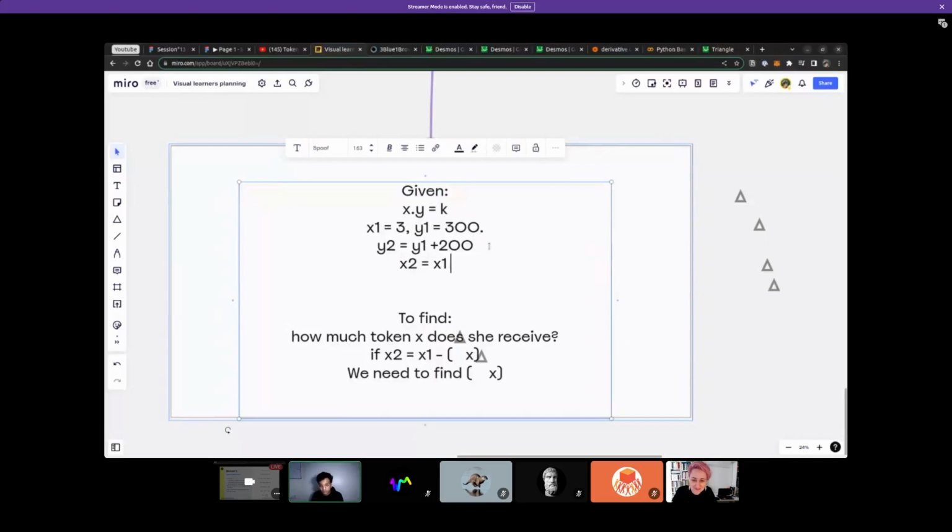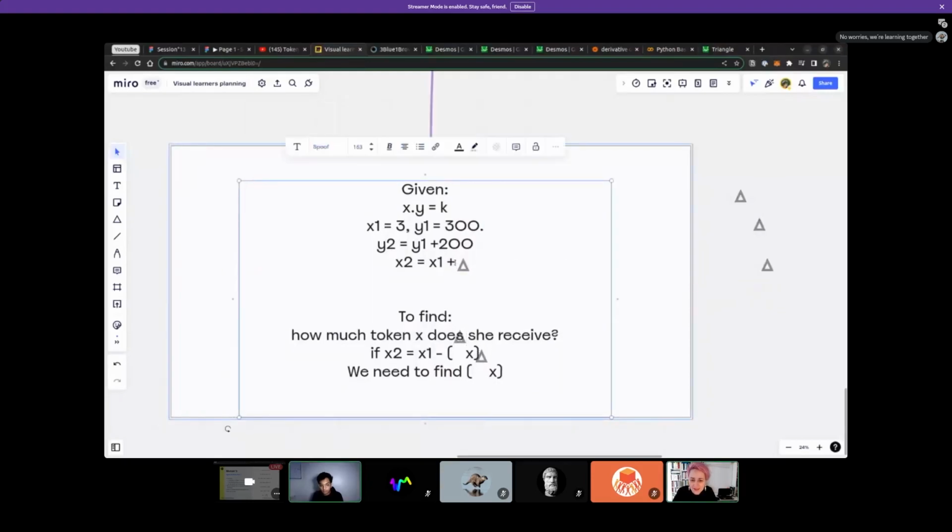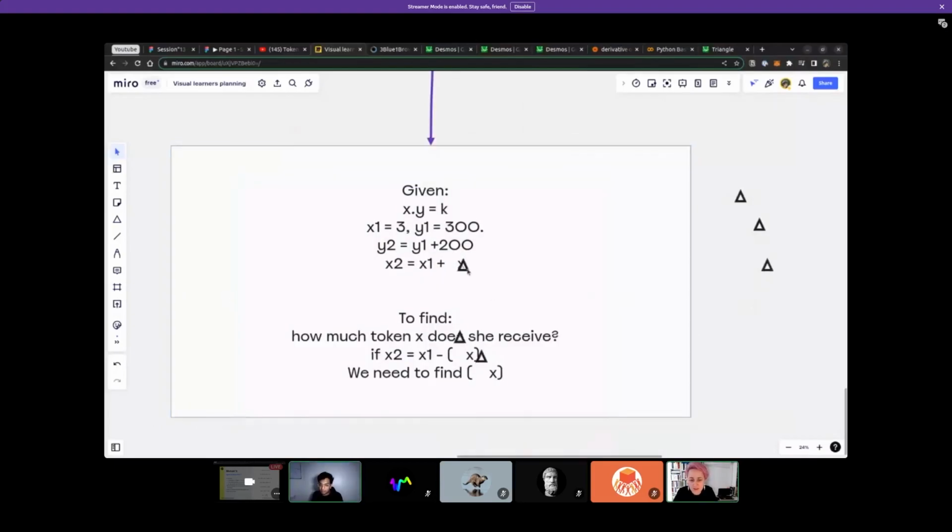So these are the equations we can start with. Where's my delta? Delta x. I get delta x, right? It's just the change that happens to x, to x1, essentially. These are all the equations we have, and this solves the problem for us.